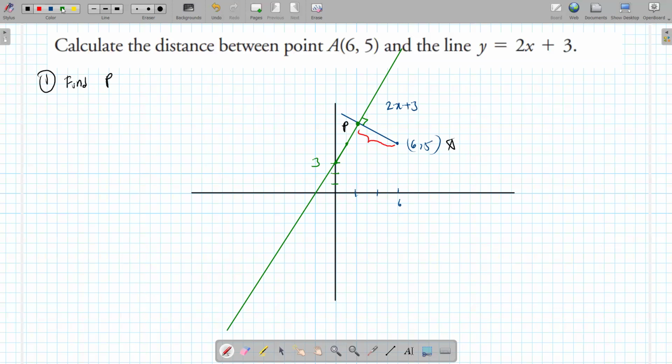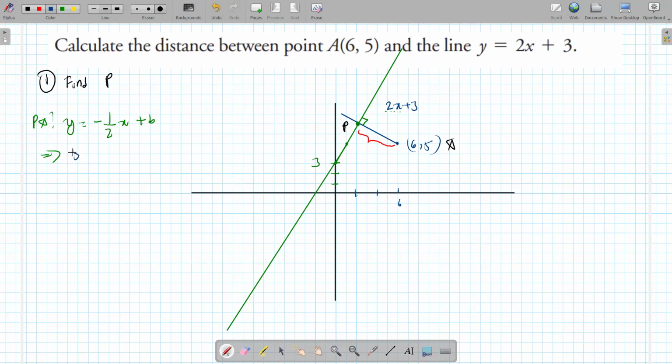All right, so how do we find that point? If the slope of this is 2, what's going to be the slope of this line that's perpendicular to it? -1/2. Right, so we know this line PA has an equation y equals -1/2x plus some value b. Can we find b? Which point do we plug in to find our y-intercept? 6, 5.